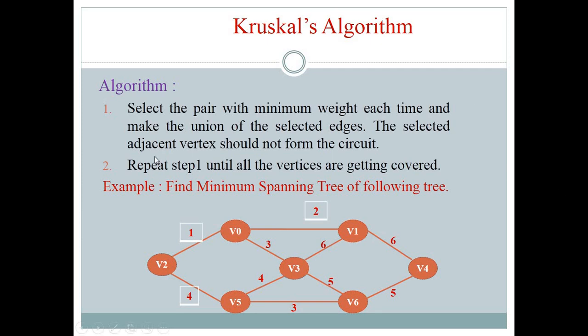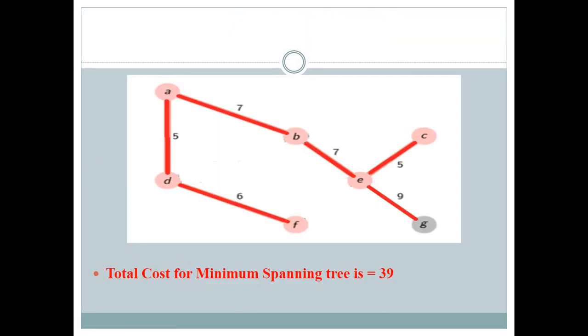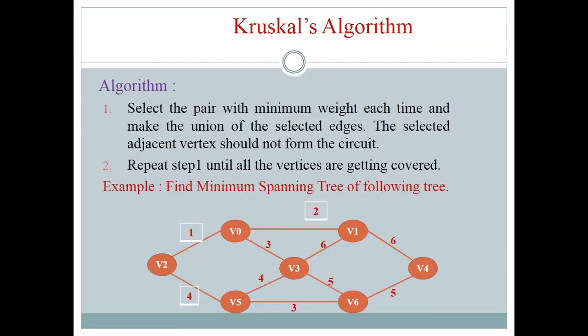Then the selected edges should not form a circuit. So again that condition is also applicable here. We cannot make a circuit in our example. After it, second step says we have to repeat step 1 until we find our minimum spanning tree.